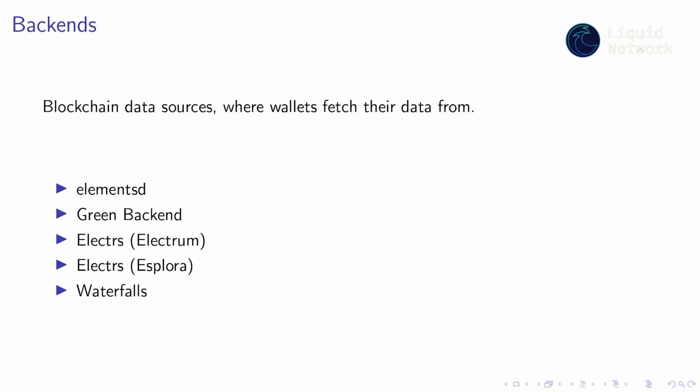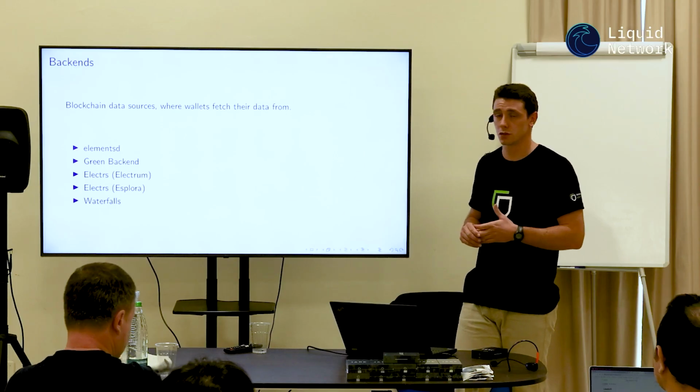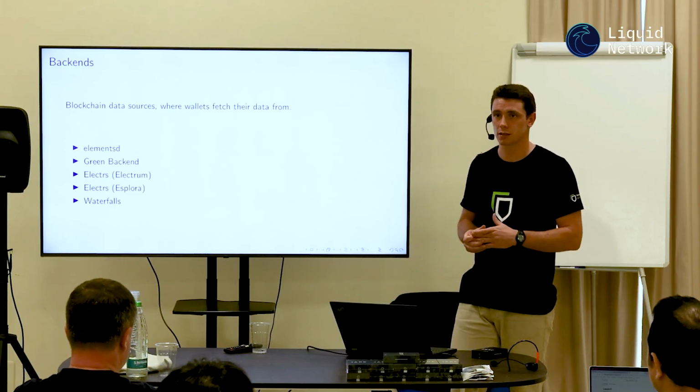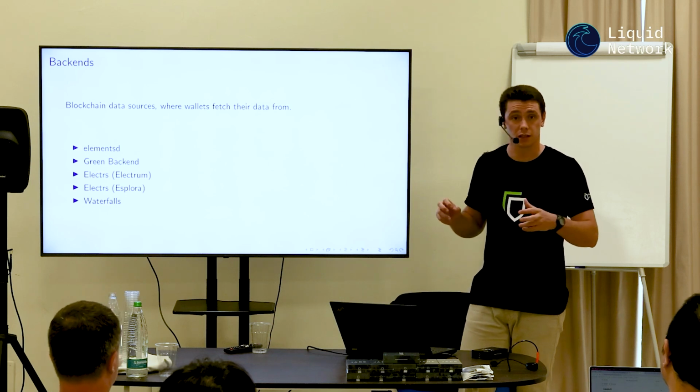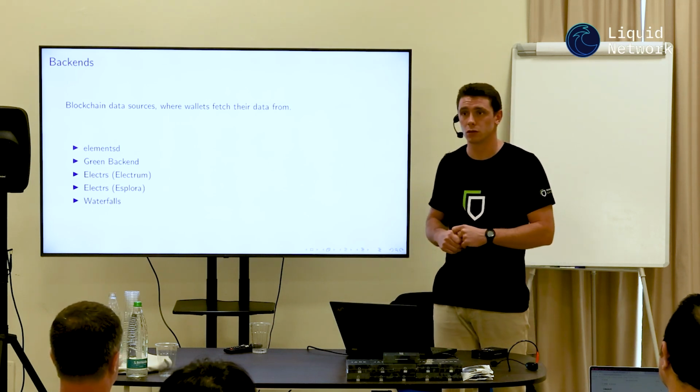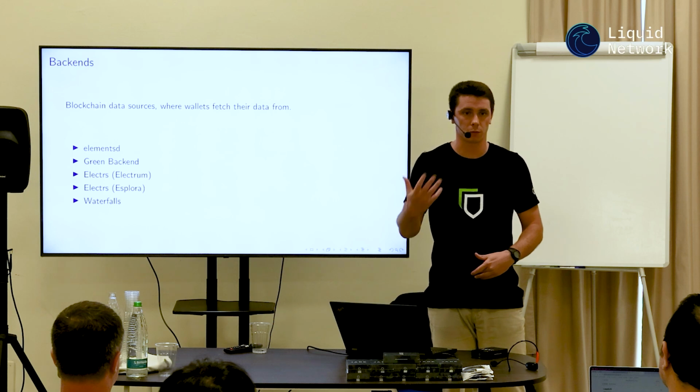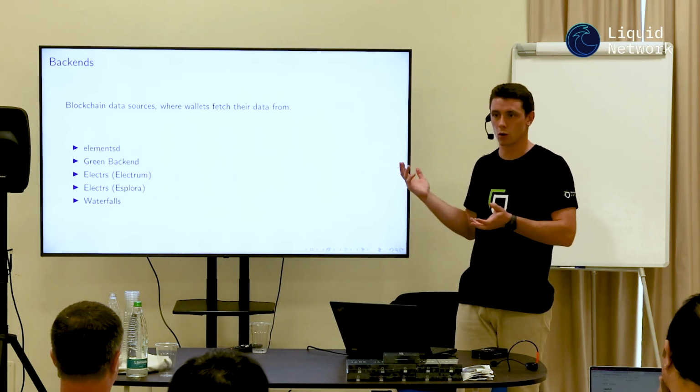Here I'm listing the ones that are ready to use right now. The first one is Elements D, which of course is behind each of those. With Elements D, you can fetch information about your wallet, but it lacks a key feature. Just like Bitcoin D, it lacks an address index, basically. So it's hard for you to get information about a random wallet.